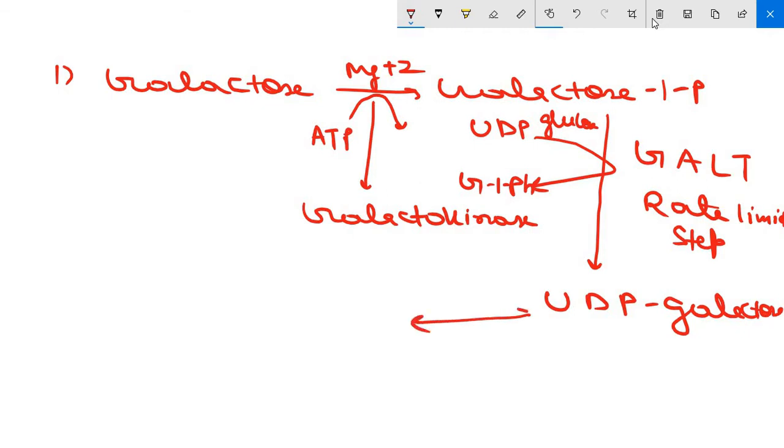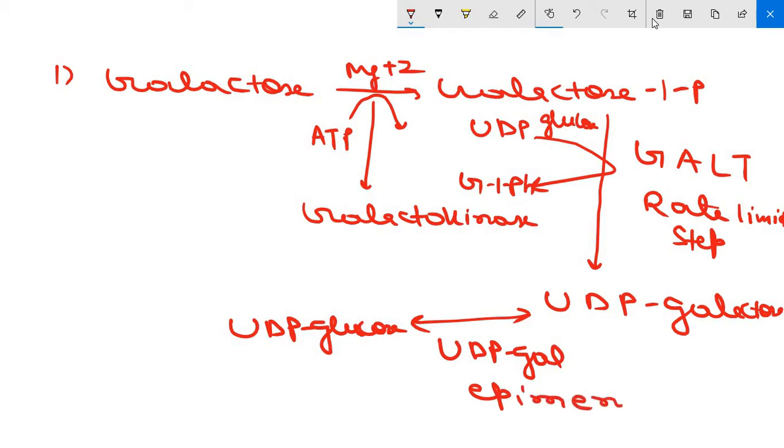Now the next step: this UDP galactose is in equilibrium with UDP glucose, and the enzyme working here is UDP gal epimerase, also known as uridine diphosphate galactoepimerase. By this reaction, galactose is channelized to the metabolism of glucose.